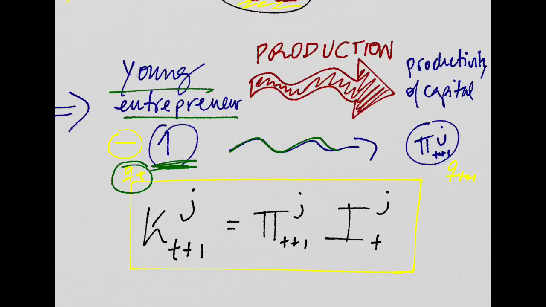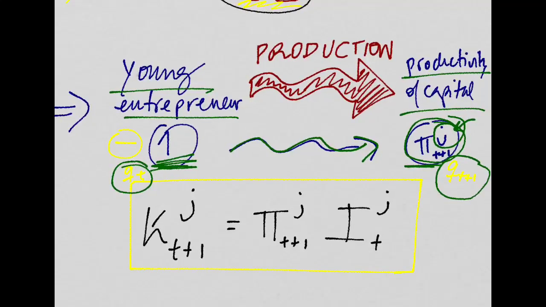For every unit of capital he buys, he's able to produce this country-specific productivity next period. So for every unit of capital, he produces pi t plus 1j if he lives in country J in period t, and he sells this in the next period for this price.